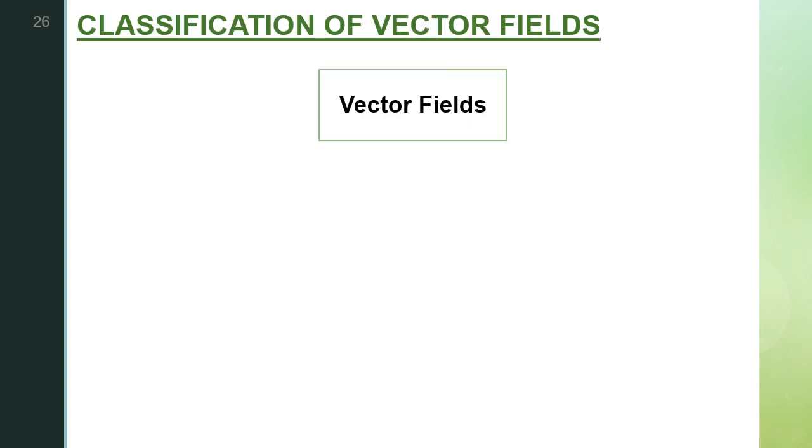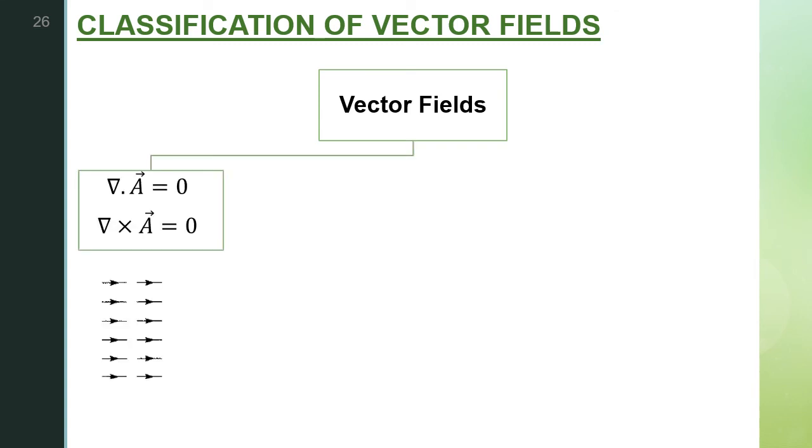So now we have seen special types of vectors called solenoidal and irrotational vectors. There can be cases where these conditions are satisfied or not satisfied, so we'll see the different cases based on the value of divergence and curl. The first type is one in which both divergence and curl are equal to 0.